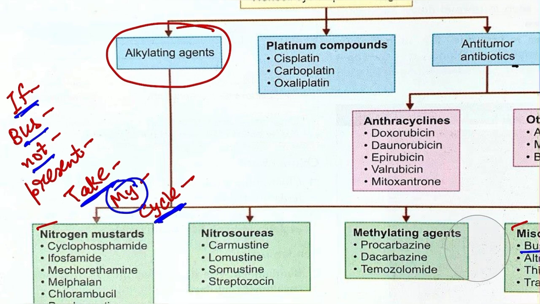Okay, again, when asked to enumerate a few alkylating agents and you forget all the headings, so you cannot remember the names of the drugs, remember these mnemonics: if for ifosfamide, bus for busulfan, not for nitrosourea, carmustine, lomustine.